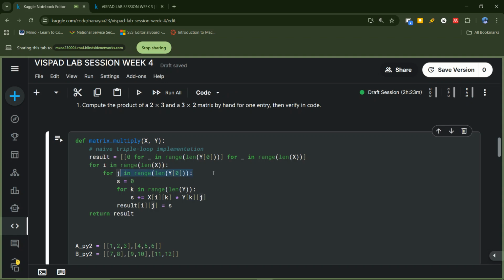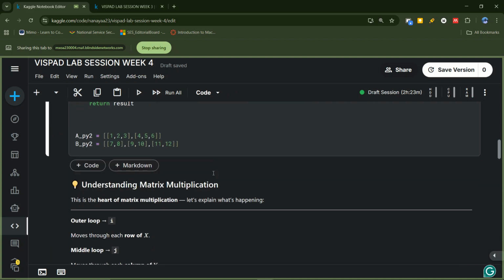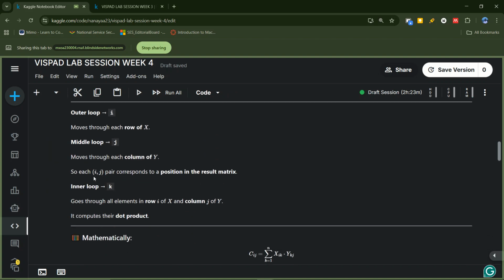If you were following what we were doing above, this should be easy to understand. Each ij pair corresponds to a position in the result matrix, right? You agree, right? Great. Then we have an inner loop k, which goes through all the elements in row i of X and column j of Y, and it computes their dot product.